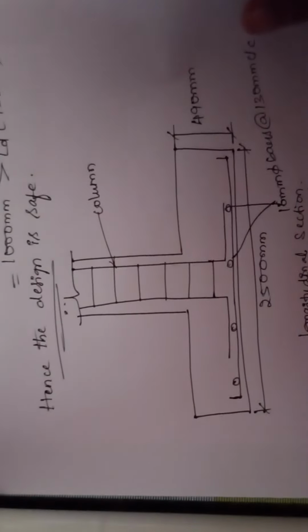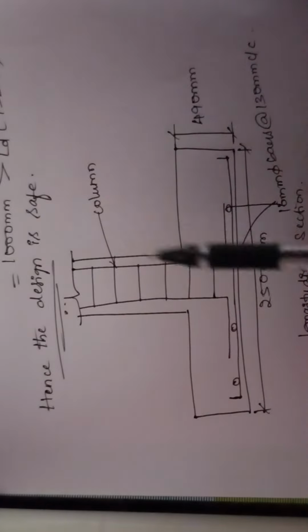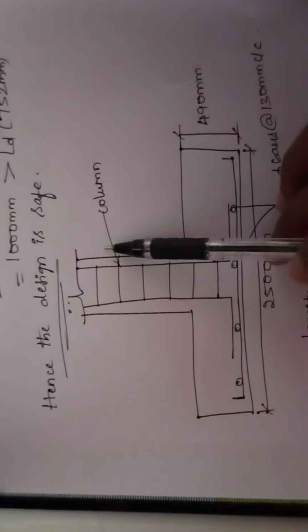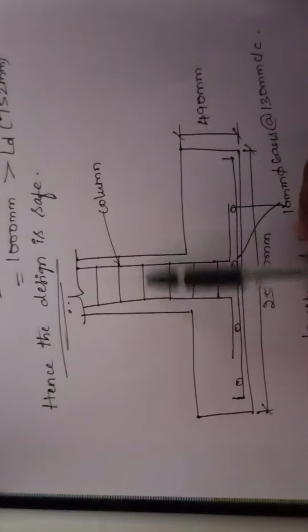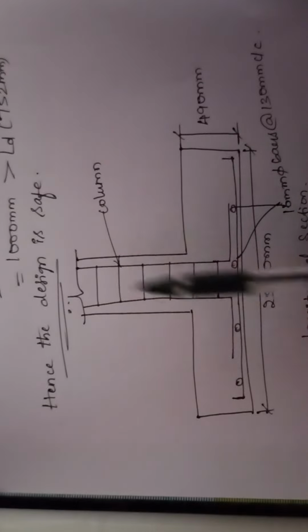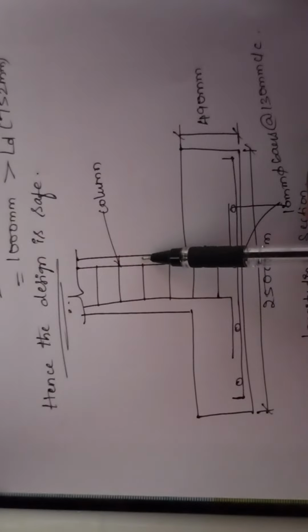Once all the design is done, let us draw the reinforcement details. We will first sketch the longitudinal section of the footing, which looks like this. We have the column. The outer line represents the width of the column, that is 400 mm. Within that you need to draw two vertical lines by giving a gap of effective cover of 50 mm.